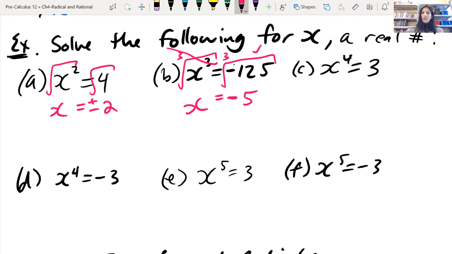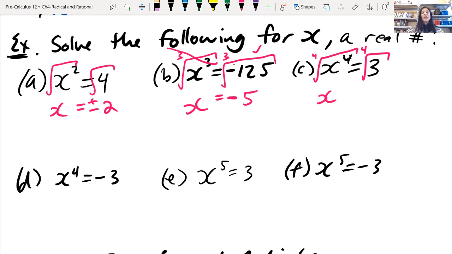And then we get to something like this. I need to take the fourth root of x, and then I need to take the fourth root of 3. Clearly, that's not going to give us a whole number, so you'd have to punch this into your calculator. Punch in the fourth root of 3, and it's going to be an approximate value for our answer.